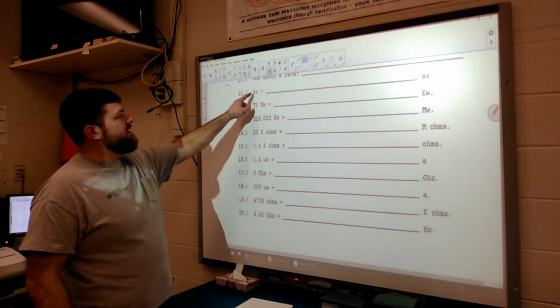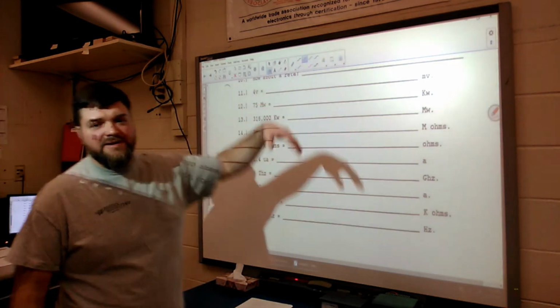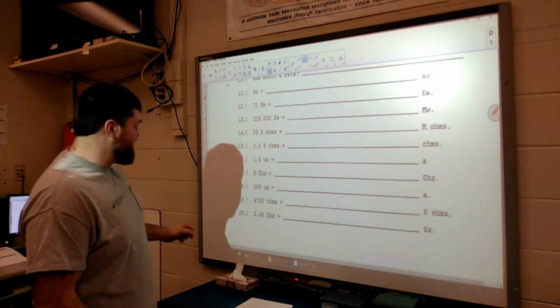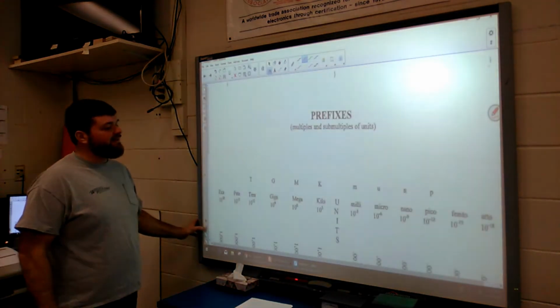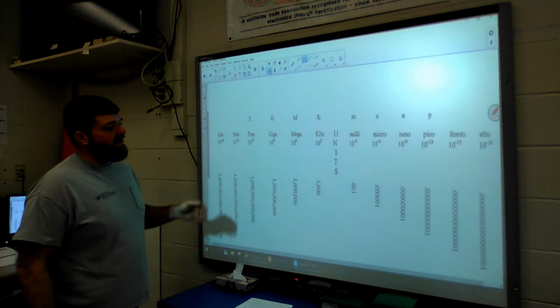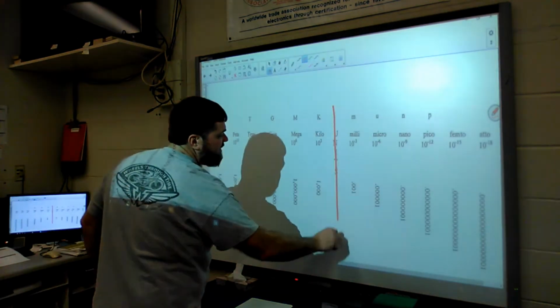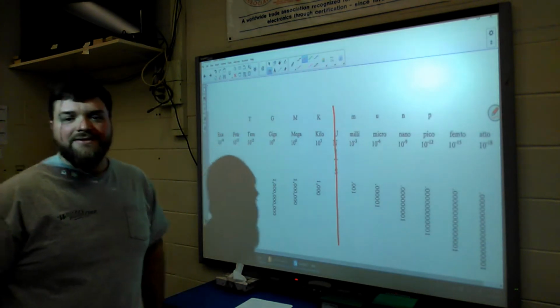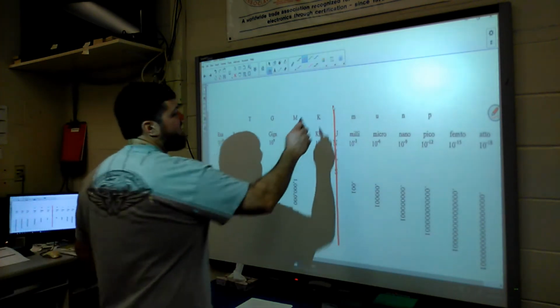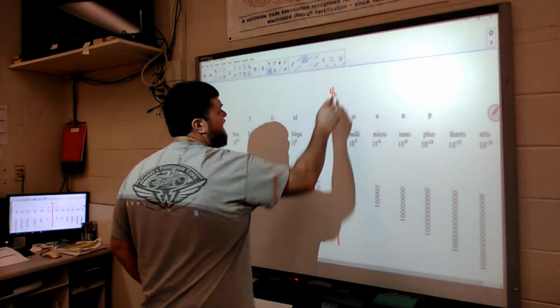It says that we need 4 volts to equal how many millivolts? If we go to our prefix paper, you've got to remember that when it says 4 volts, that means the baseline. Baseline runs right down the center. So that is where our 4 volts is at.